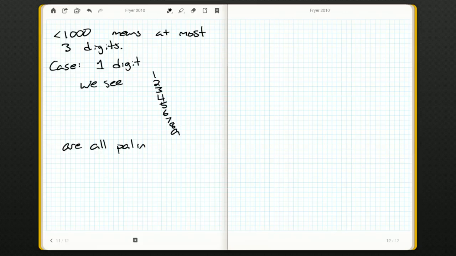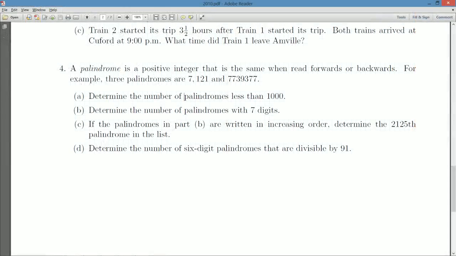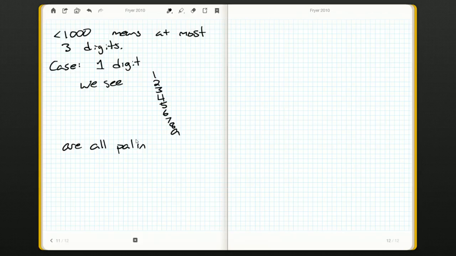We don't include 0 in our list because we're asked for positive integers. So with 1 digit, all 9 positive 1-digit numbers are palindromes.